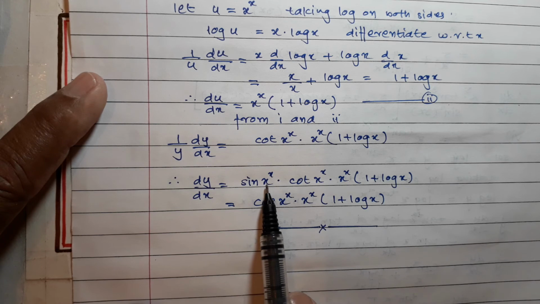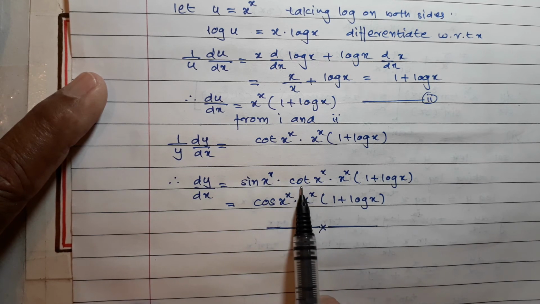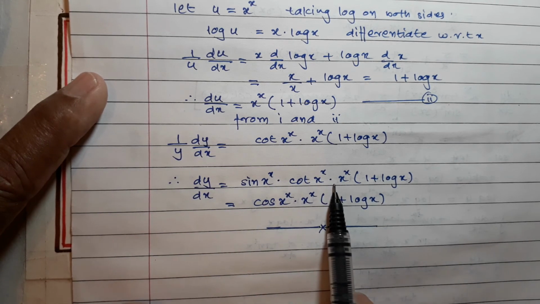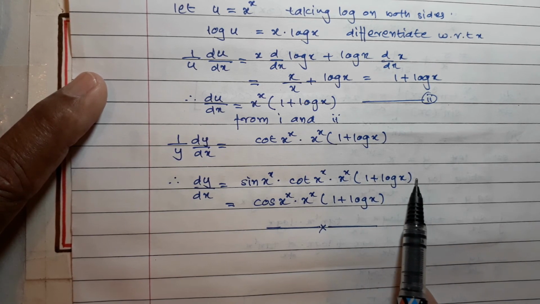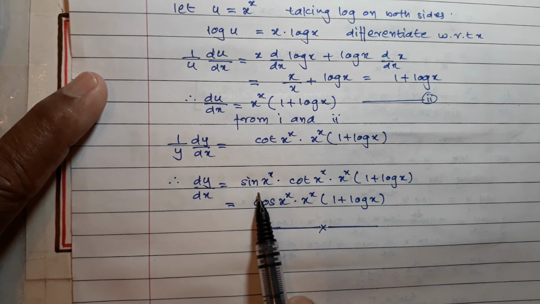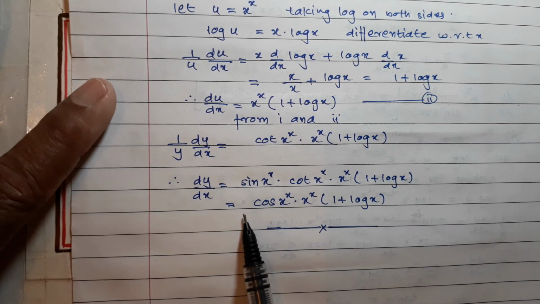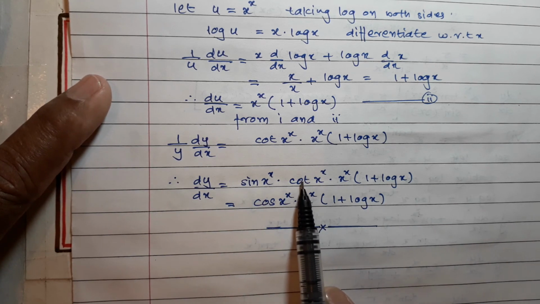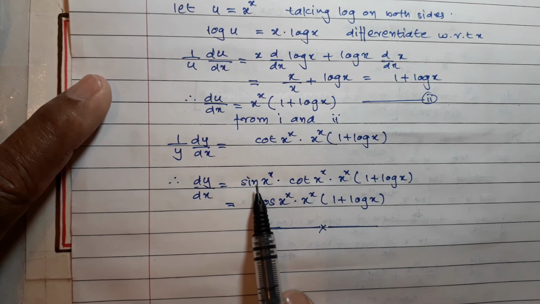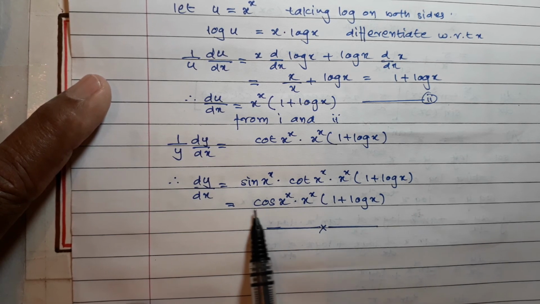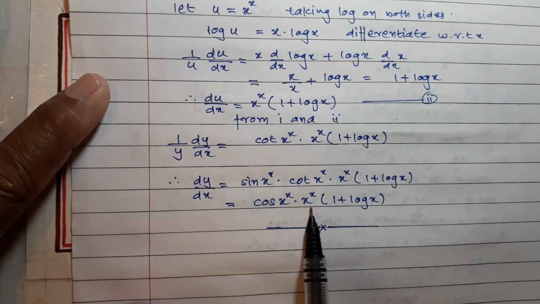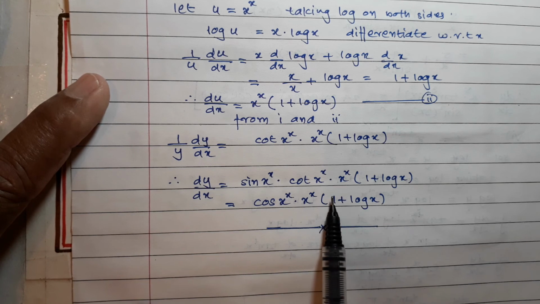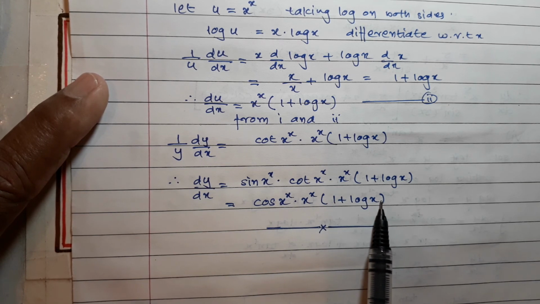So (sin x)^x into (cot x)^x into x^x into bracket 1 plus log x. So this you simplify. Cot x means cos upon sin, so the sin is cancelled with this sin, so it is equal to (cos x)^x into x^x into bracket 1 plus log x.